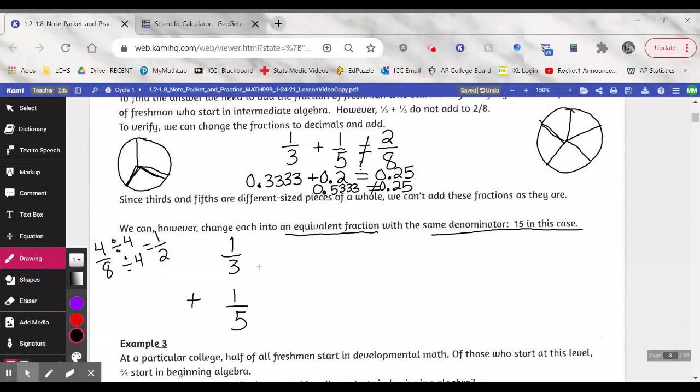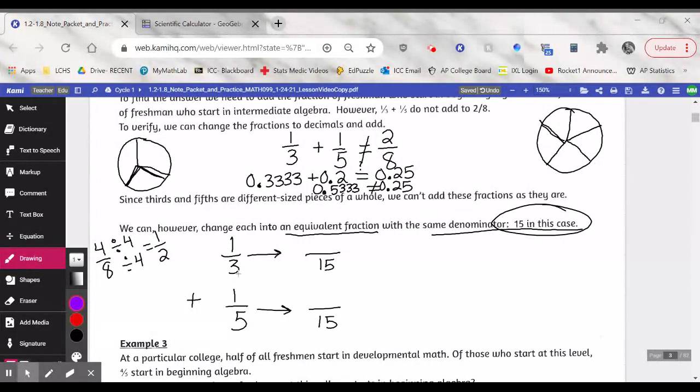All right, so what they said is we want to change each of the individual fractions so that we can add them by making the denominator 15. So I want the new denominator, or the bottom of the fraction, to be 15. I'm going to find what will multiply with the original denominator to get 15.